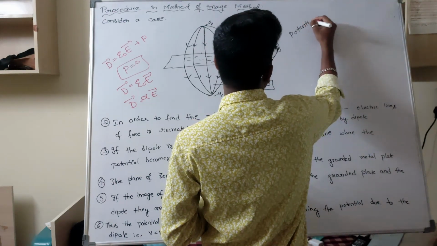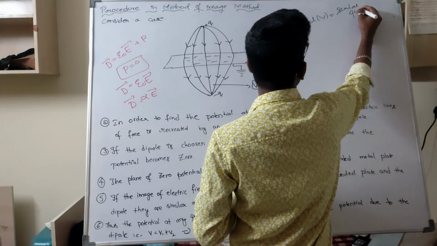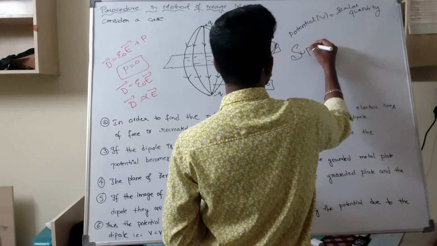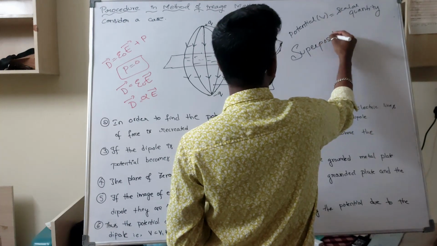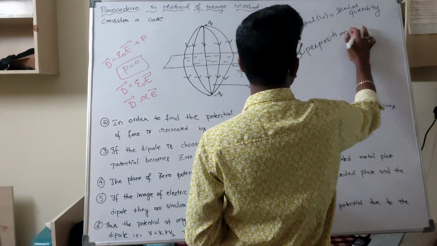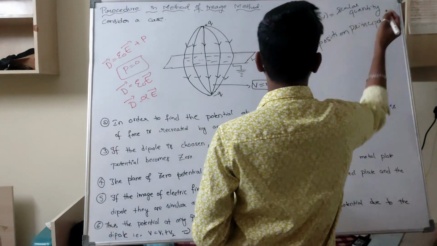Potential V is a scalar quantity. Superposition principle means you are adding the individual potentials.